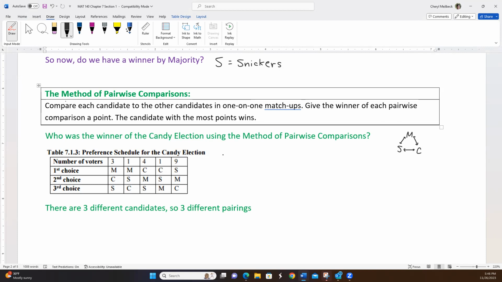If we start with comparing S to M, we see who won in each column. In my first column that had 3 votes, M was in first place and S was in third place. So in this comparison, M won and gets those 3 votes. Put that under M.